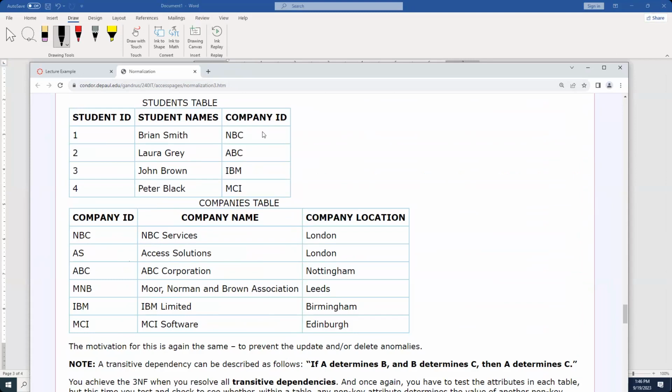It wouldn't allow me no matter what program we used. That's referential integrity. That helps us guarantee that if we put in a company ID, it's one of the valid company IDs. That gives us more accurate data, which gives us, therefore, better information.